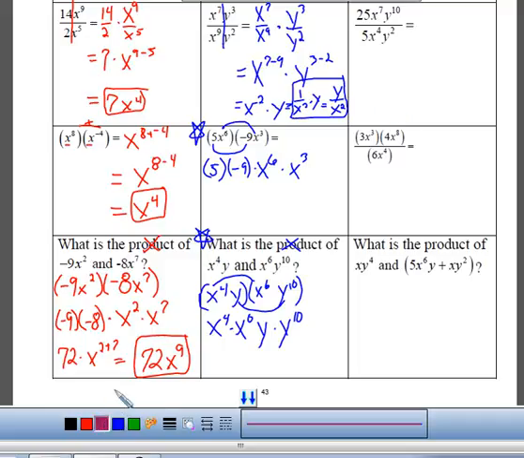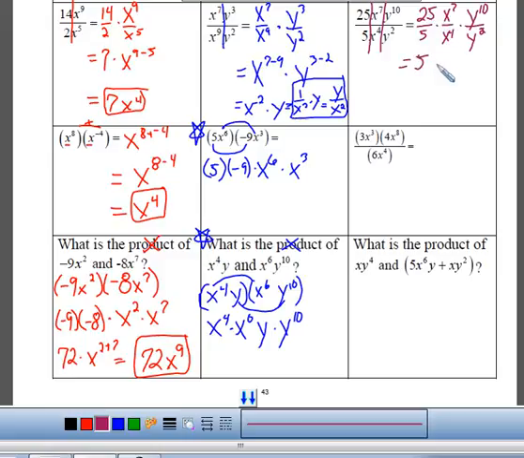That's the next column. Again, we have a fraction. It makes sense to kind of split things up and put them where they go. So I really have 25 over 5 times x to the 7th over x to the 4th times y to the 10th over y squared. 25 over 5 is 5.